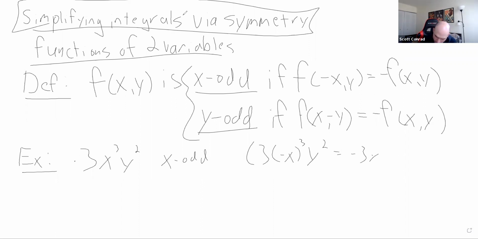So we get negative 3x cubed y squared. Right, that's the definition of x odd. You change x to negative x and you get negative the original function, you're x odd. But it's not y odd, right? Because if we change y to negative y, we get 3x cubed times negative y quantity squared, which is just y squared. So we get the original function back, not negative the original function. So that is x odd, but not y odd.